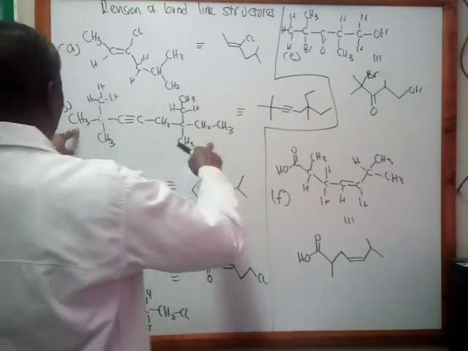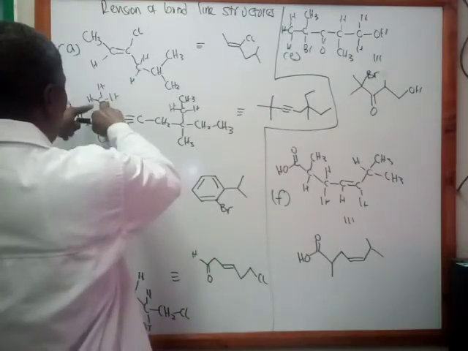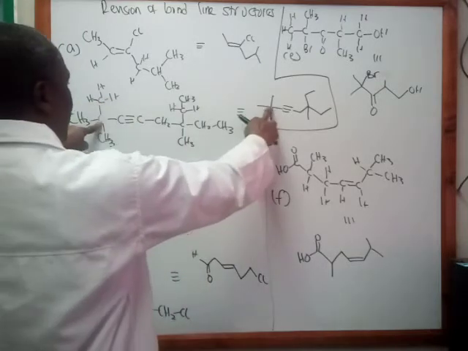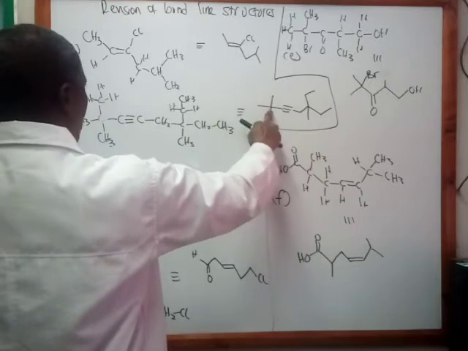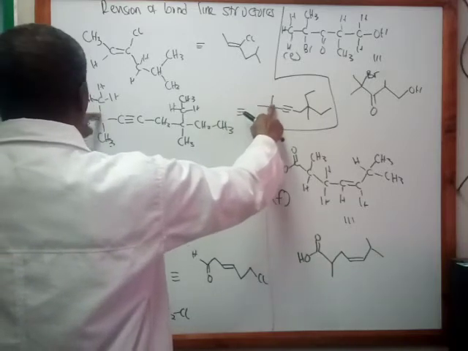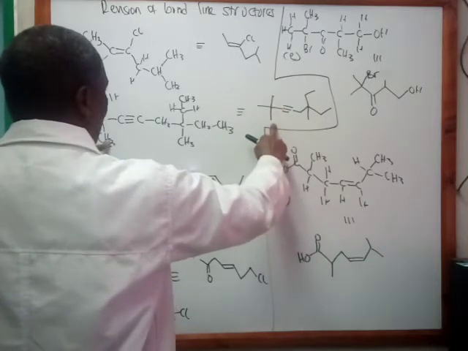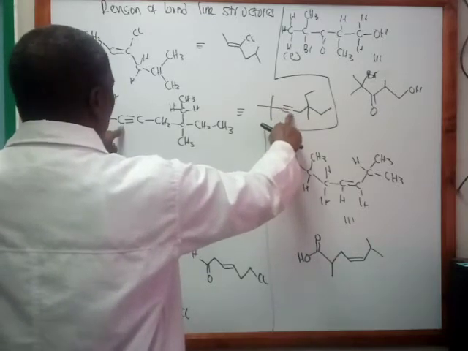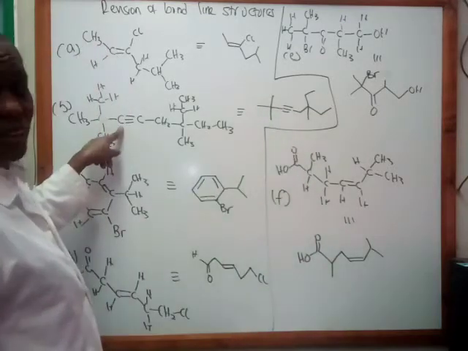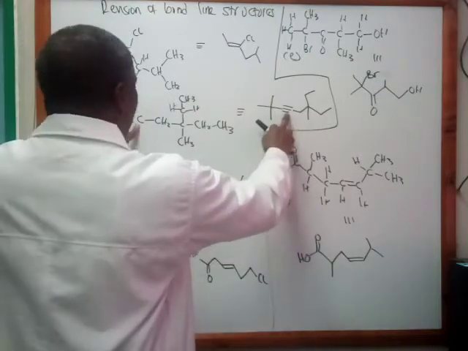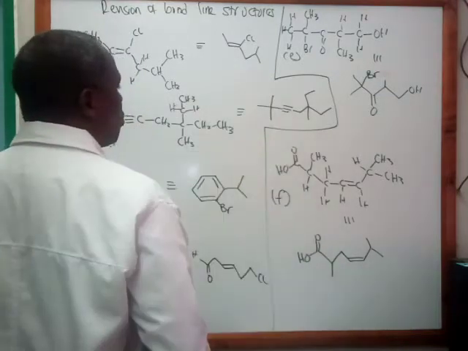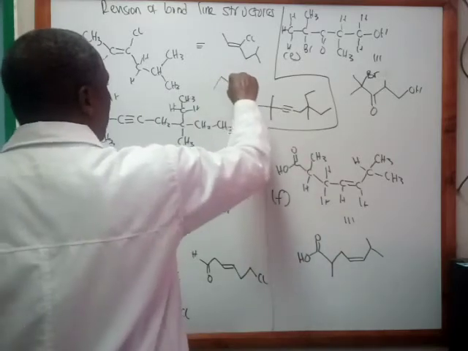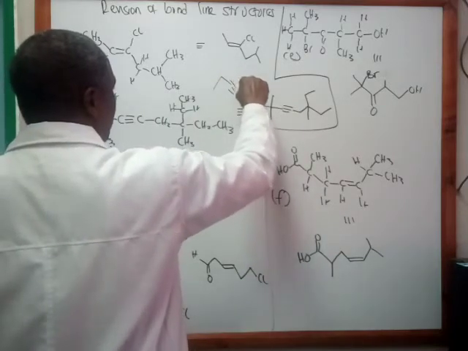So let's see. There's a CH3, there's a CH3, there's another CH3. Have you seen how it's been drawn? There is a carbon here, there is a CH3, and another CH3. Then there is a carbon with a triple bond. Can you see how the triple bond looks on the bond structure? What you need to know is, when you have a triple bond, please do not draw it bent like this. That is wrong.